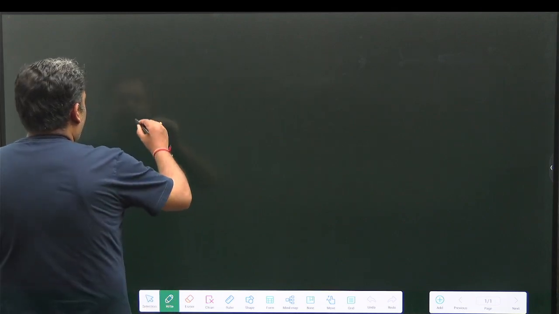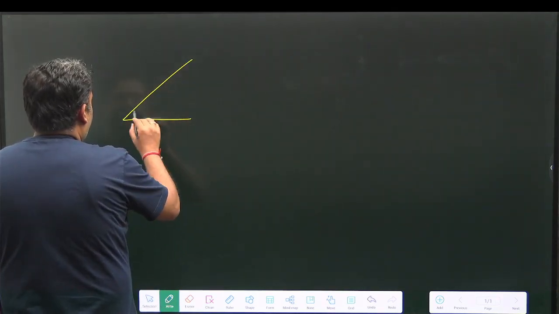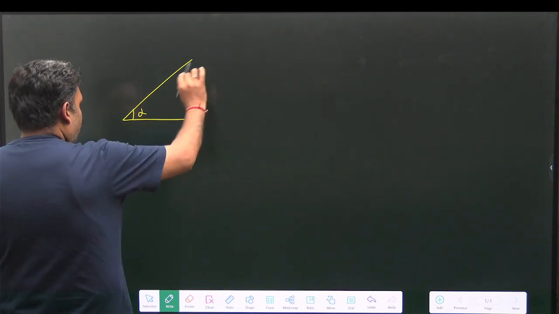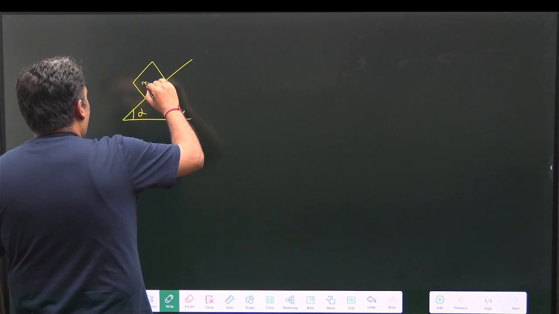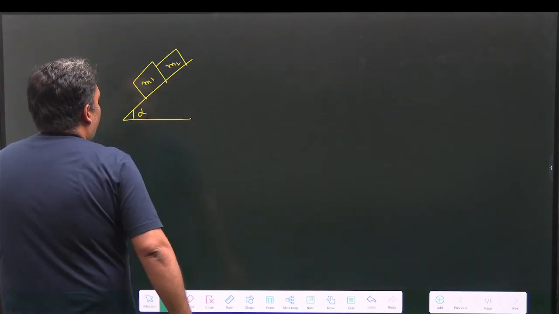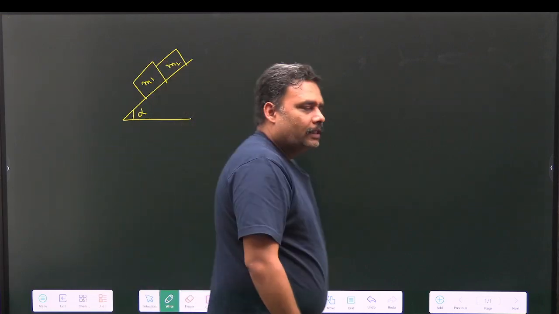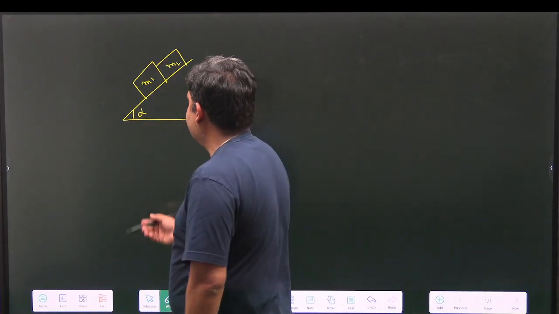So let me first draw this particular problem. This is my wedge, and this angle is alpha. This is the inclined plane. This one is mass m1 and another is mass m2. We have to go for the free body diagram. We can assume this is my x-axis.